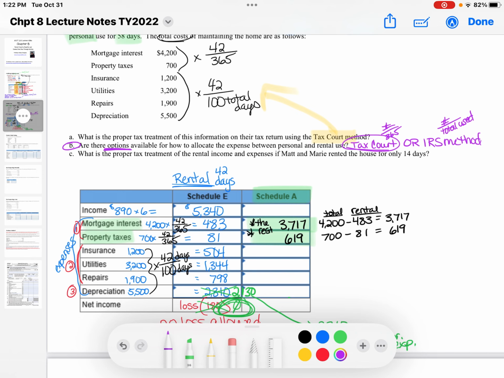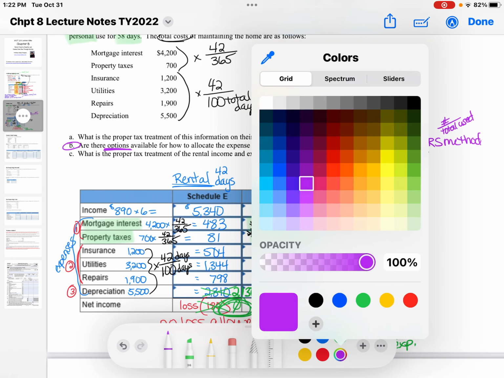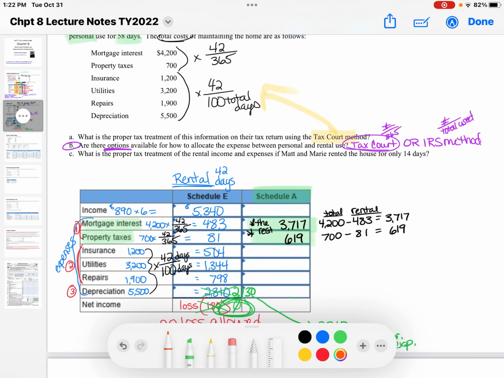Okay, and then letter C says, what is the proper tax treatment if Matt and Marie, which are two different names now, rented the house for only 14 days? So if they had only rented it for 14 days or less, it is considered primarily personal.